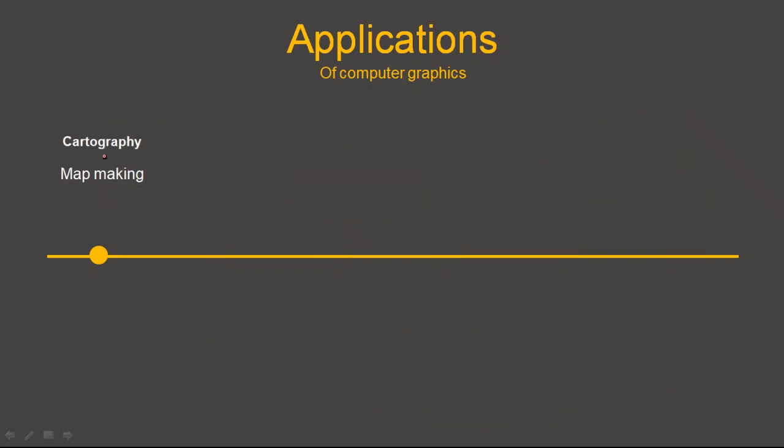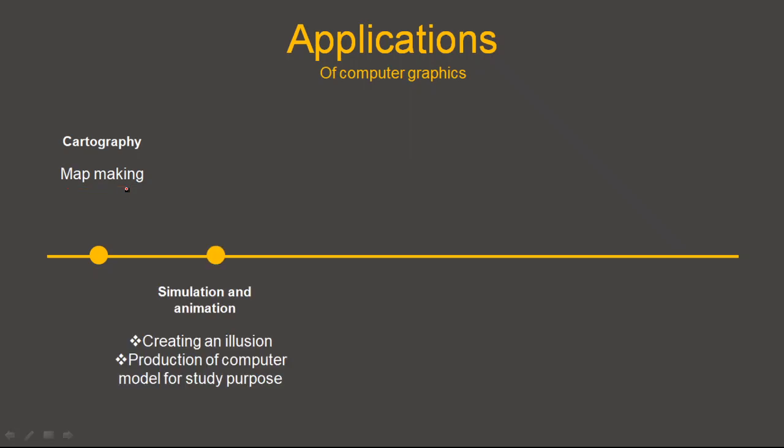Next one is cartography. That means map making. We can make maps in computer graphics, for example, geographical maps, weather maps, population maps, and so on. Next one is simulation and animation. What does animation mean? Creating an illusion. What does illusion mean?